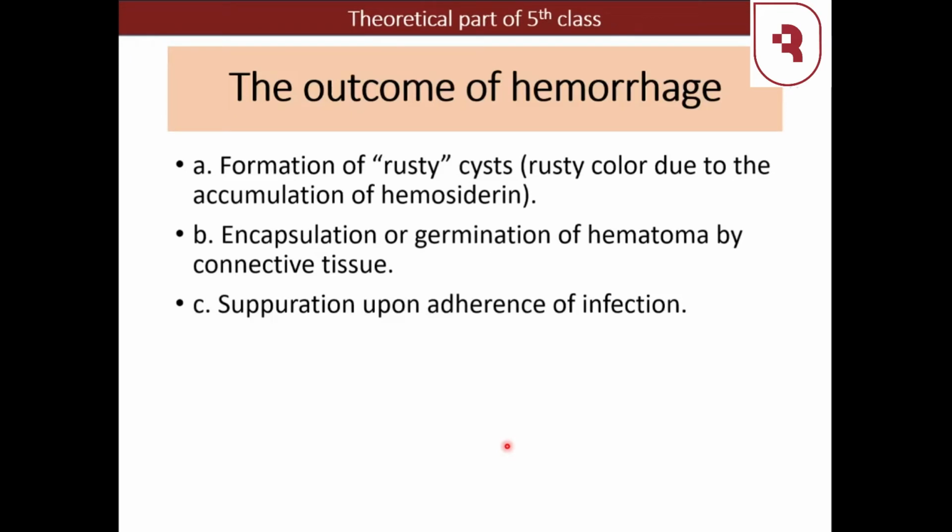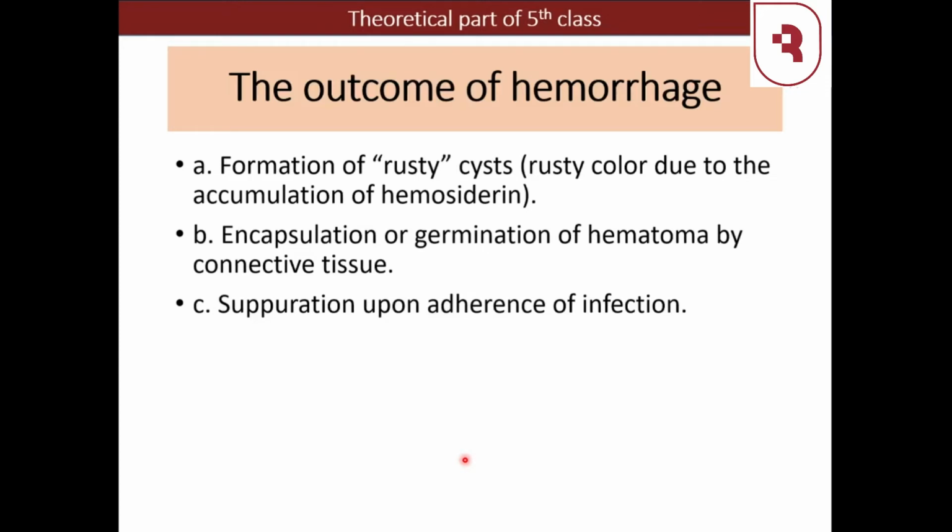The outcome of hemorrhage could be different, and it may be formation of a cyst in some organs, most typical for brain.